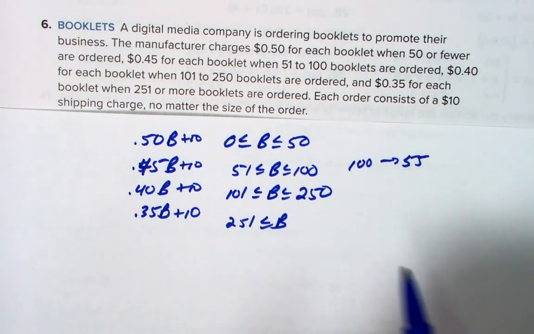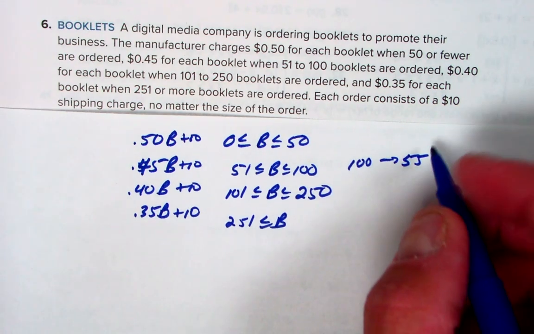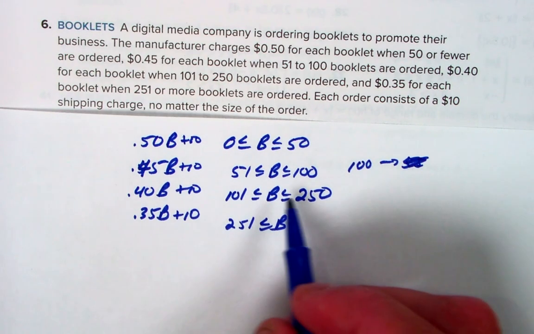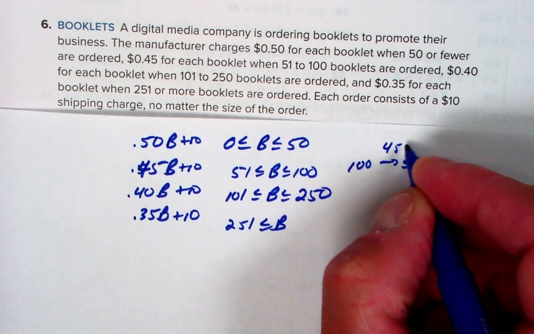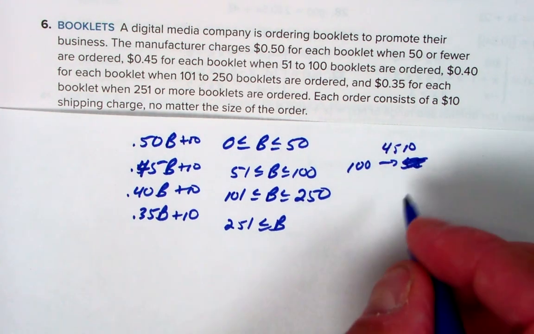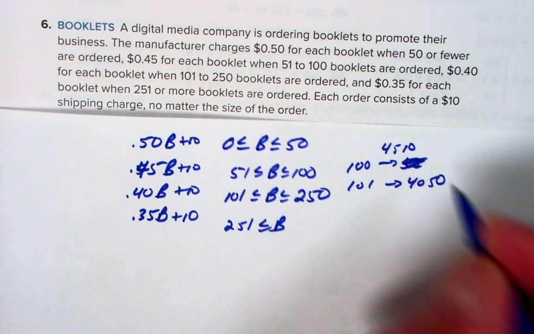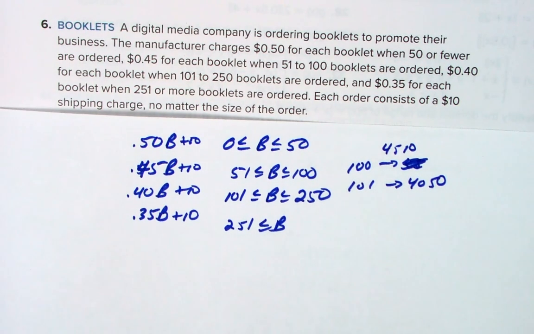Okay, I'm making a mistake here. 45 times 100 plus 10 would be $55, and 101 would be $50.50. Why? Because your price per unit just dropped a ton.